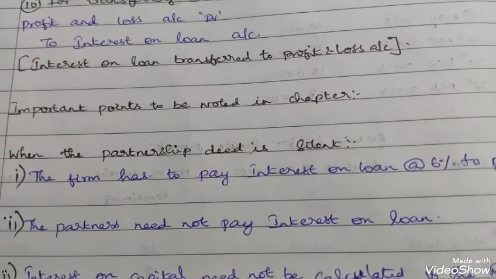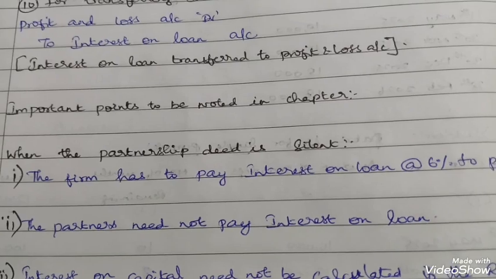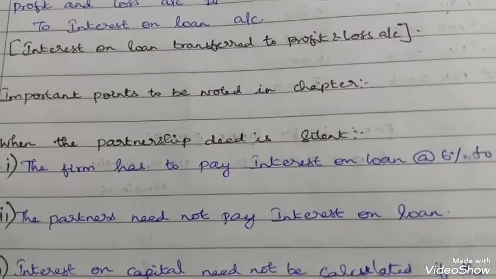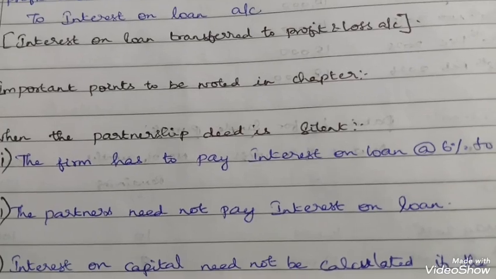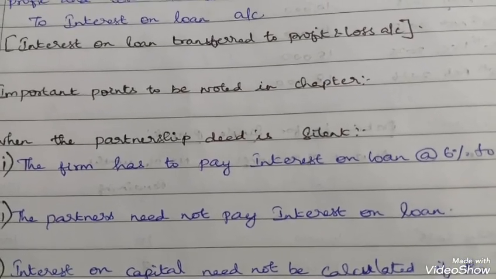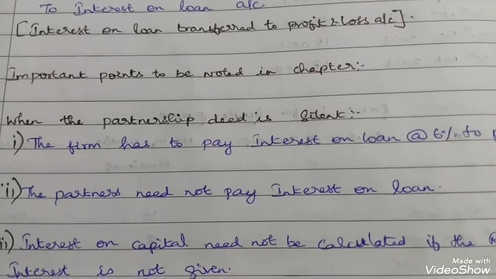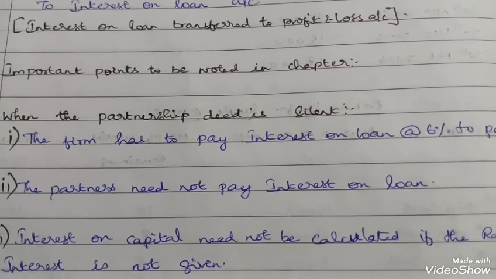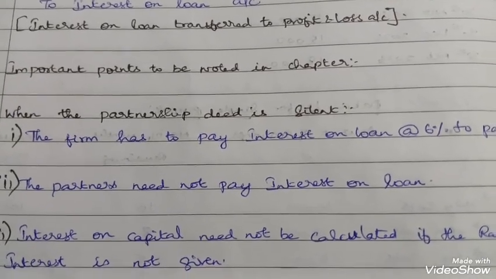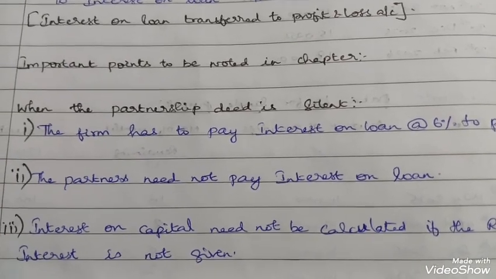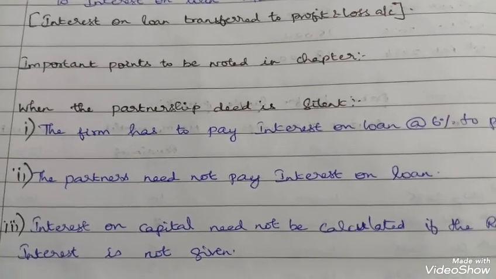So in this case, if the partnership deed is silent and the firm has to pay interest, then the interest on loan should be paid at 6%, even if the question did not say it is 6%, to the partners. The firm has to compulsorily pay 6% interest on loan to the partners, even if the question is silent or the partnership deed is also silent, no problem.